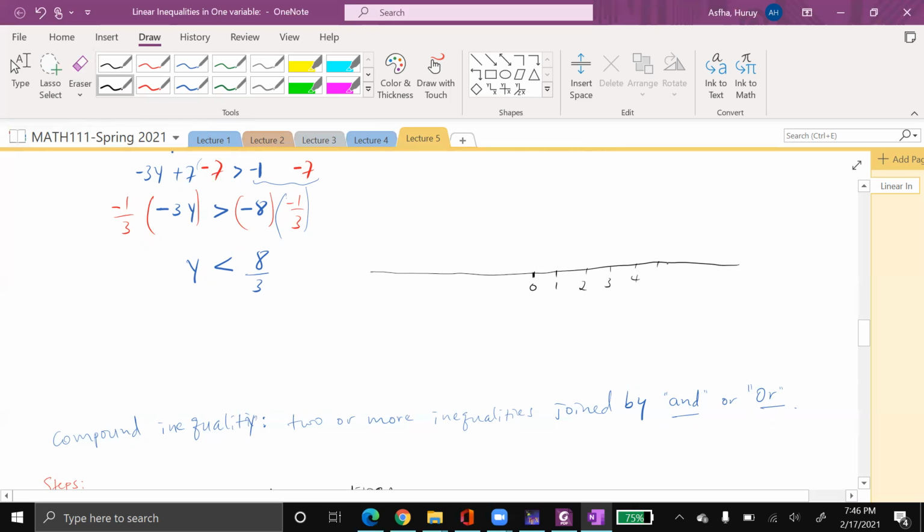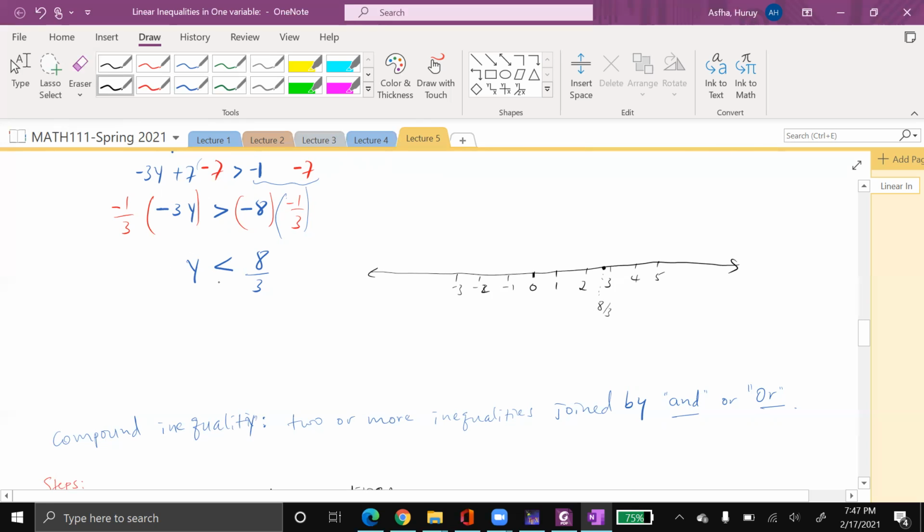So 8 over 3 is approximately 2.666 or 2.67, right? So we have this number line. Now 8 over 3 is approximately 2.67. So let's say it's somewhere in here. Okay, here we have 8 over 3.